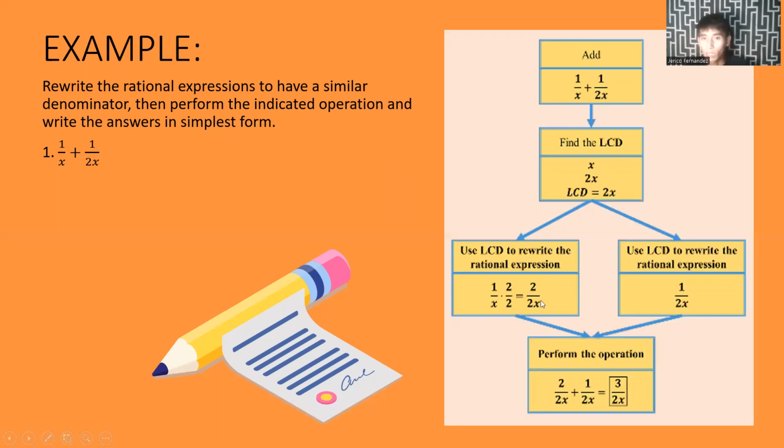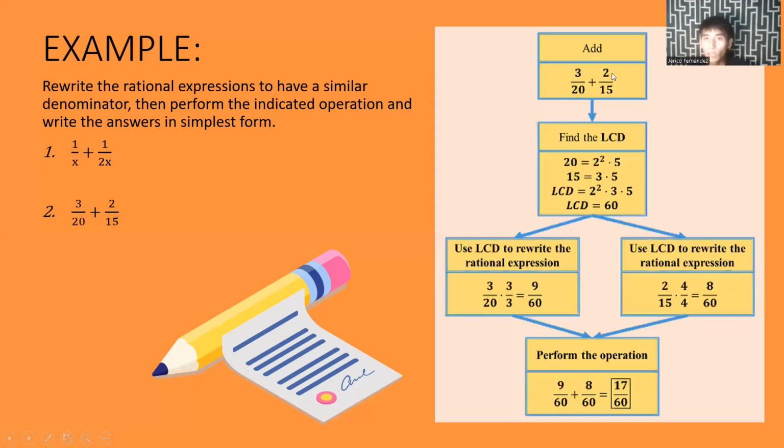To transform the first expression to one with denominator 2x, divide the LCD by the denominator and multiply by the numerator. So we have 2 over 2x. 2x divided by x is 2, times 1 is 2. Just copy the LCD. Since it's already 2x, we'll just copy this. And then combine since it's addition. So we have 3 over 2x.